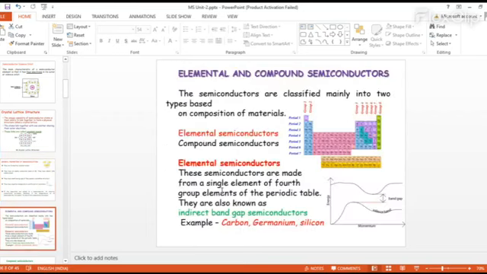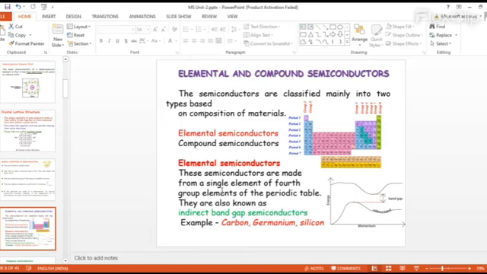When you see the periodic table, there are different kinds of semiconducting materials. There are two types. First one is elemental semiconductors, then compound semiconductors. See this periodic table. The elemental semiconductors are made from a single element or fourth group element of the periodic table.